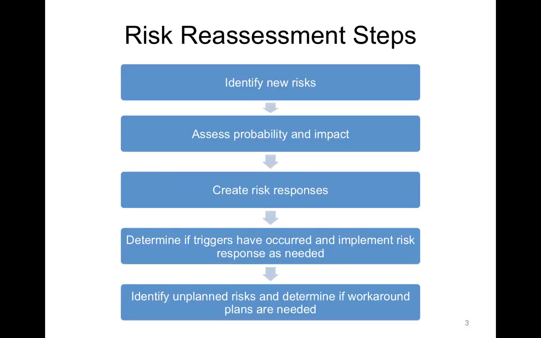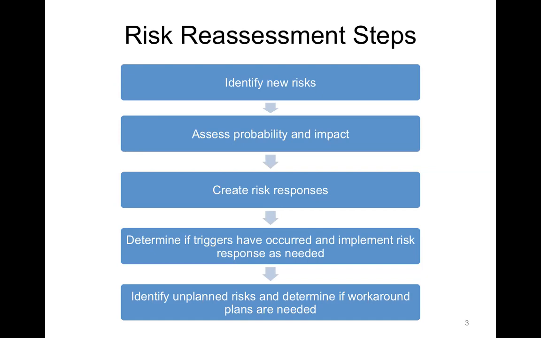So let's look at the general steps involved with risk reassessment. We'll start with, as the project is in the monitoring, controlling phase, the work is being done on the project, inevitably new risks are going to be identified. Those unknown unknowns that we were faced with earlier on in the project, well, guess what? Some of those unknowns are now known.